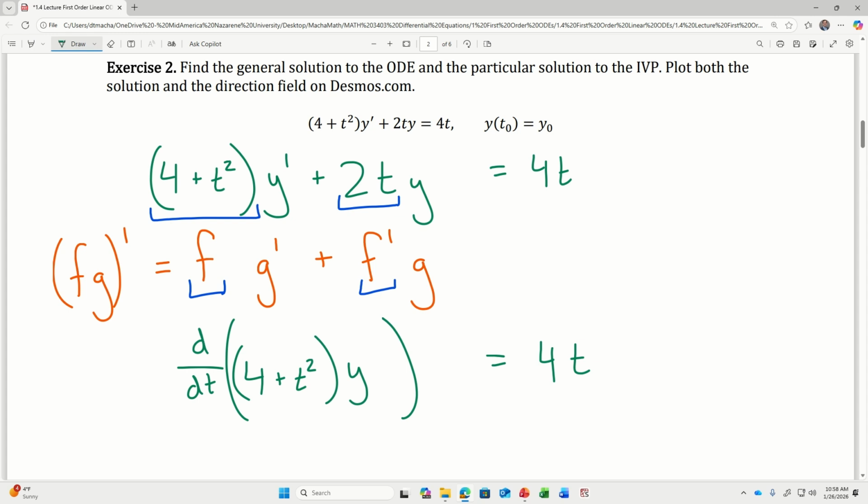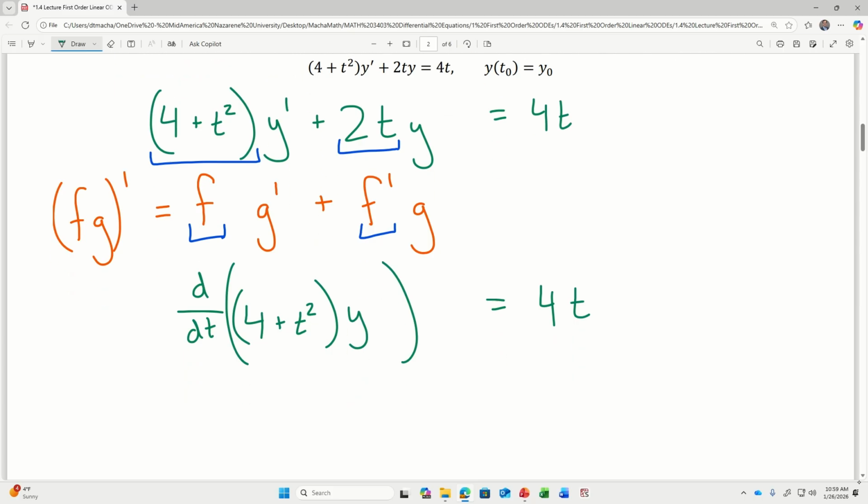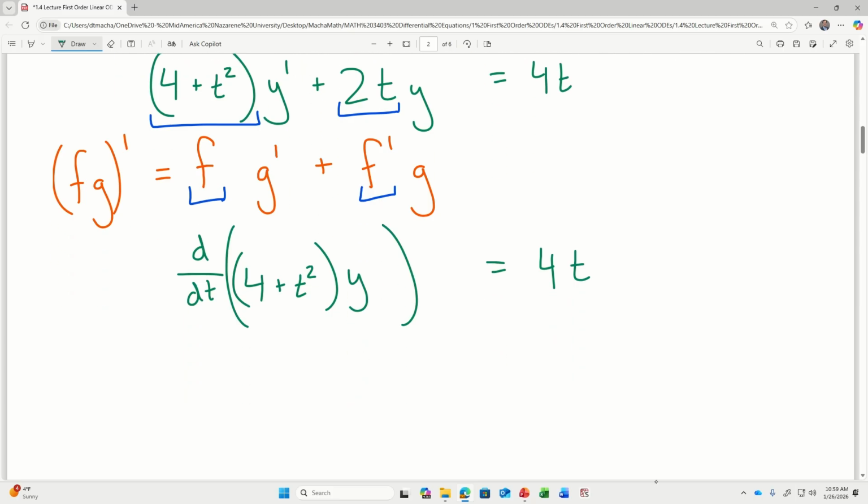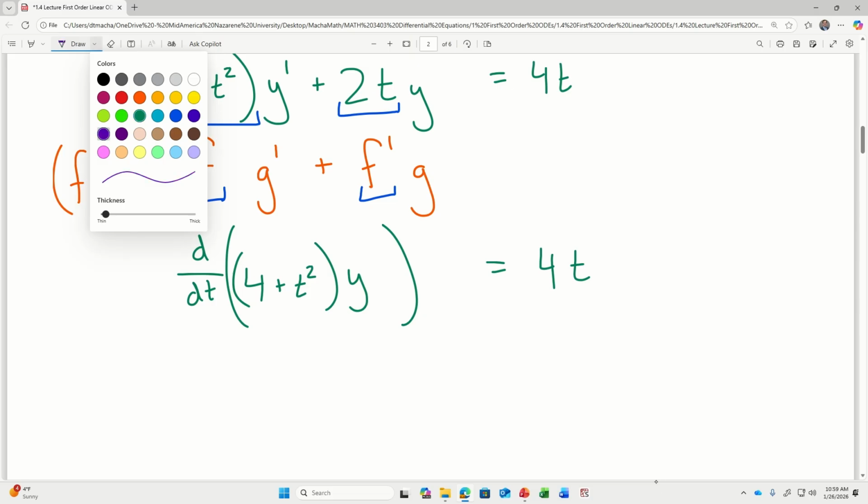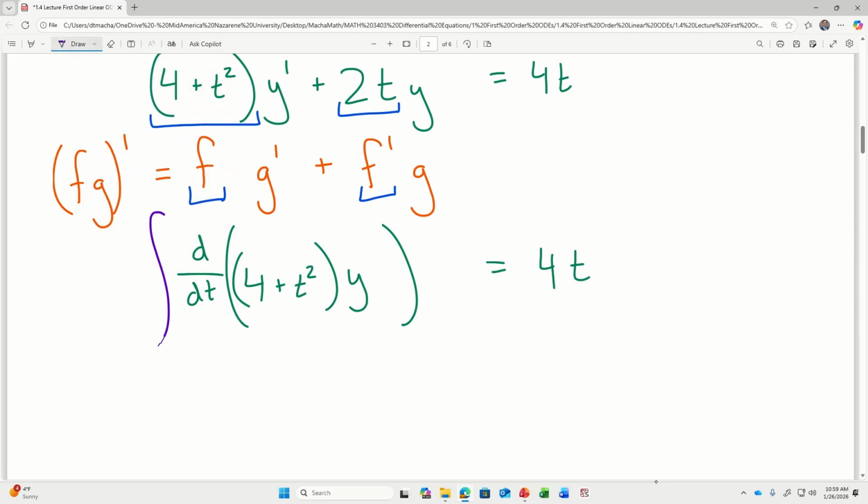So that's what I mean by reversing the derivative product rule. Does that make sense? Okay. Once we get it like this, we just have to take the antiderivative of both sides with respect to t. So to get rid of the derivative, we just take the antiderivative.